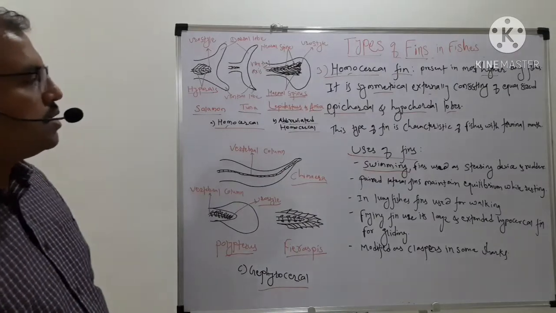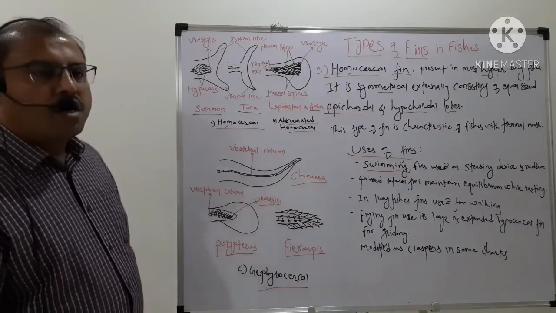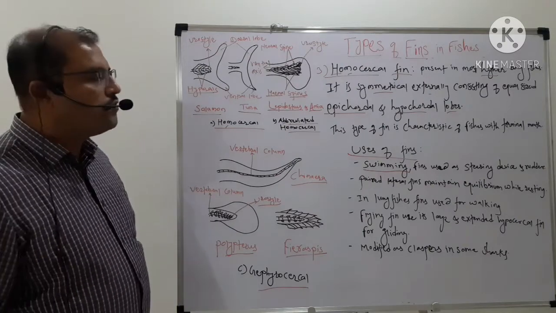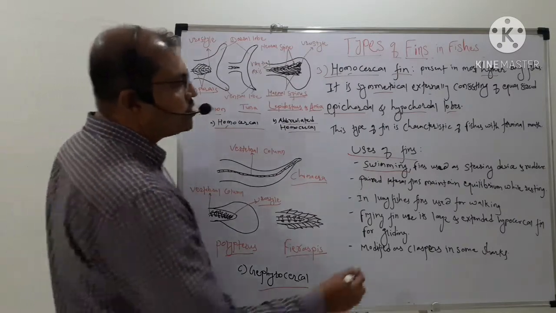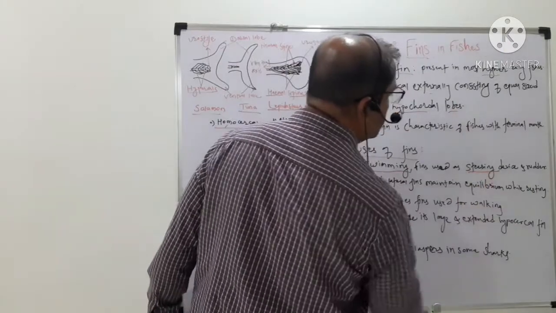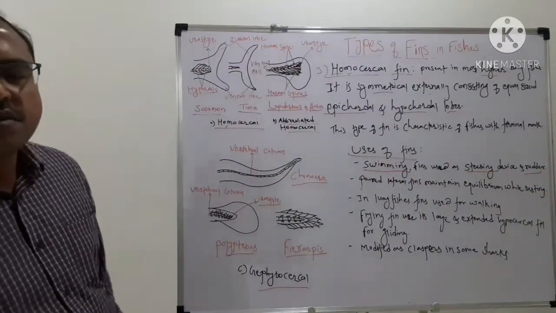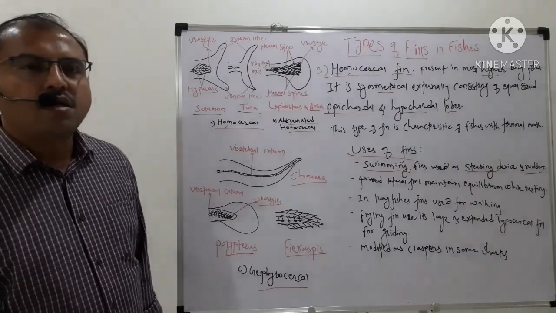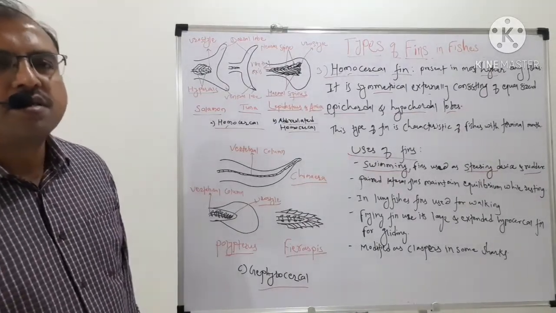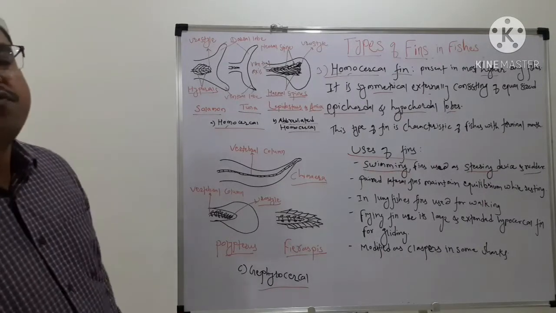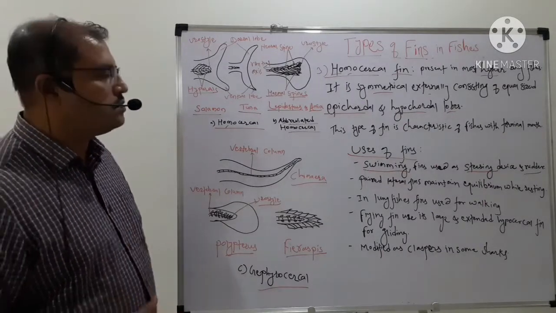That is the chief purpose of the fins: helping locomotion, that is, swimming in the water. These fins are also used as a steering device and rudders, to change direction, to turn to the left and right sides. All these activities are carried out by the fish with the help of fins.